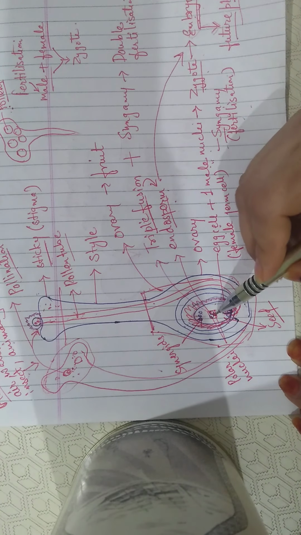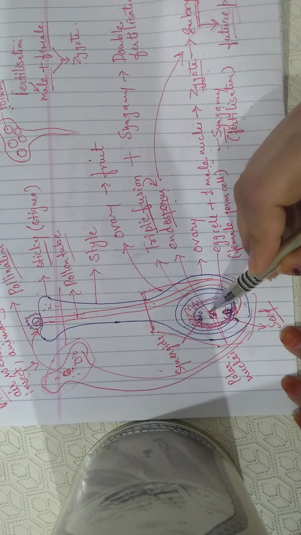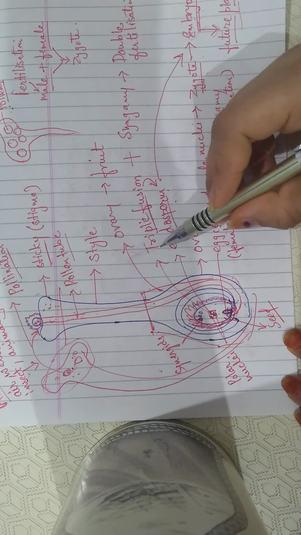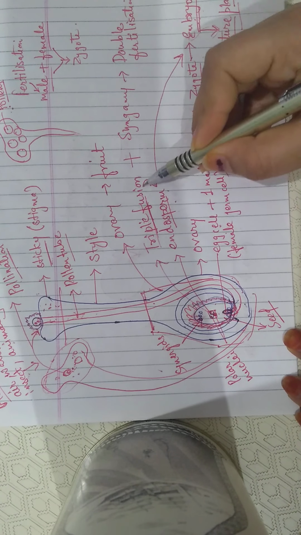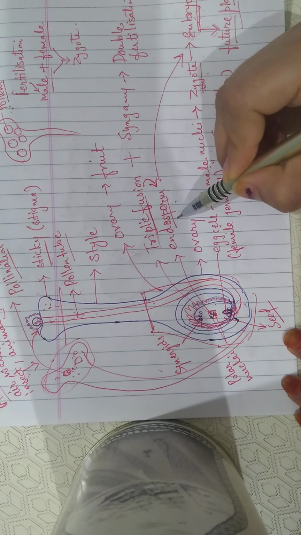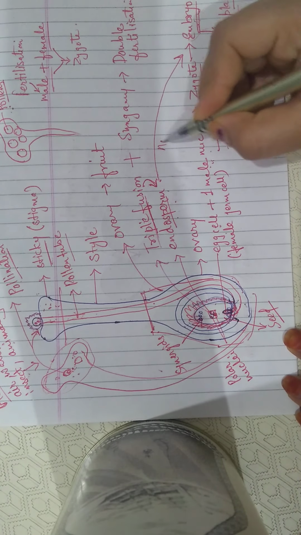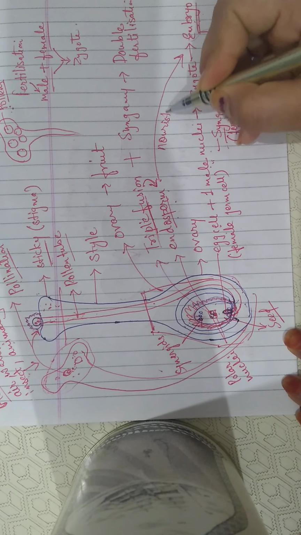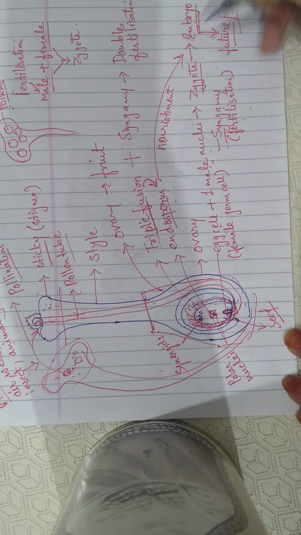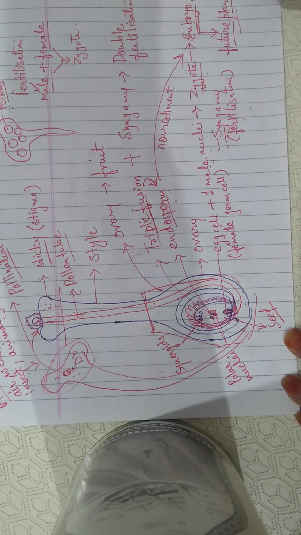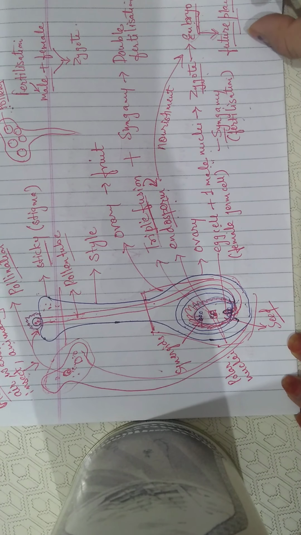And the other male nucleus fuses with two polar nuclei, and the process is known as triple fusion, and it results in the formation of endosperm, which gives the nourishment to the embryo for division and for giving rise to a new plant.